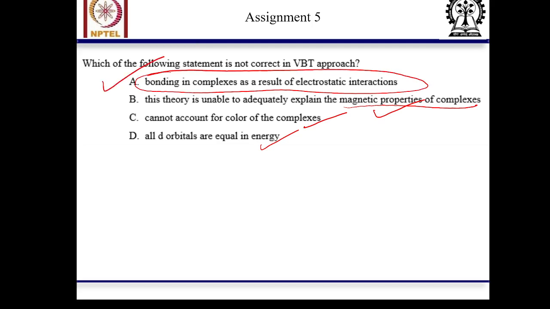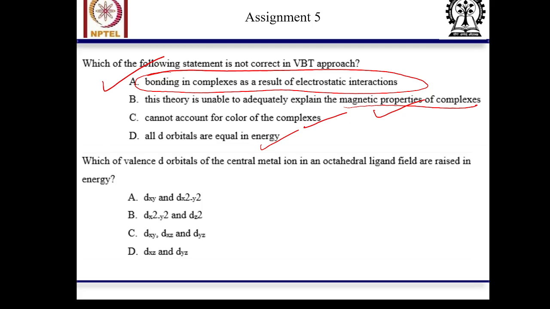Okay, so which is not correct for CFT is bonding in a complex as a result of electrostatic interaction. So this is because of crystal field. Which of the valence d orbitals of the central metal ion in an octahedral ligand field are raised in energy? We have 5 degenerate d orbitals under an octahedral field, with the ligands coming along the axis. So what will happen?